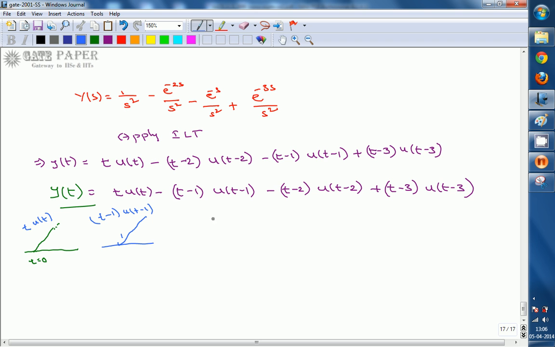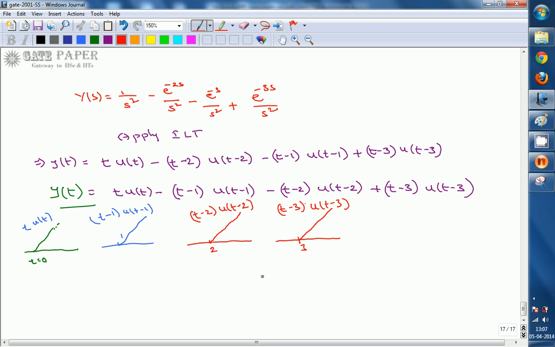Coming to (t minus 2) into u(t minus 2), this will start at 2 and it goes like this. And (t minus 3) will start at 3 and goes like this, this is (t minus 3) into u(t minus 3).